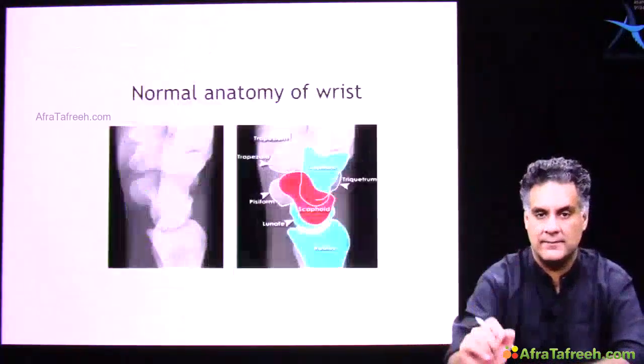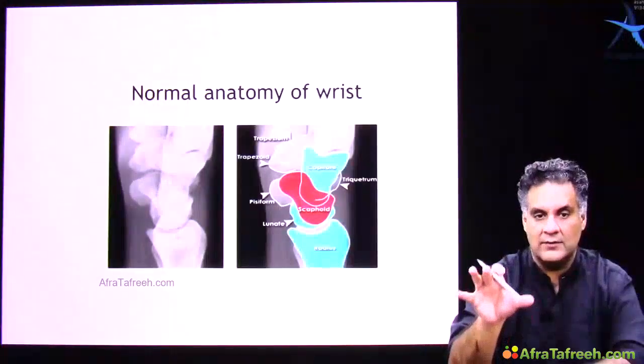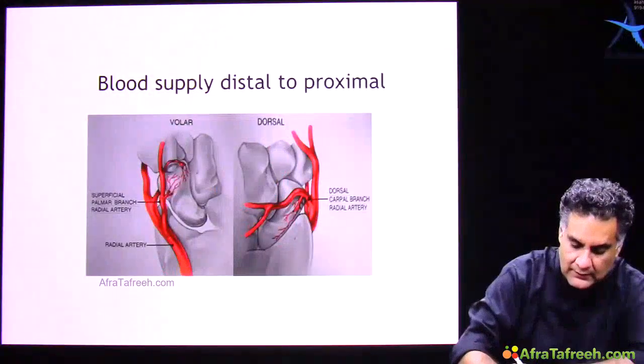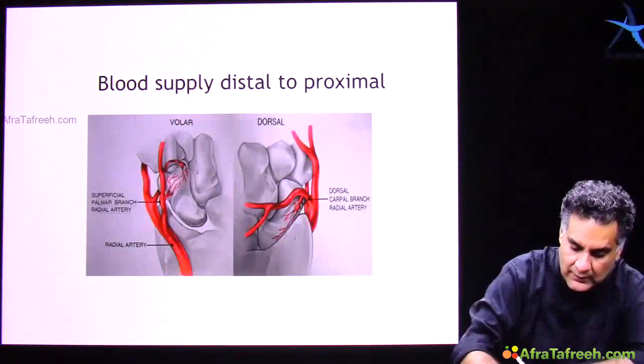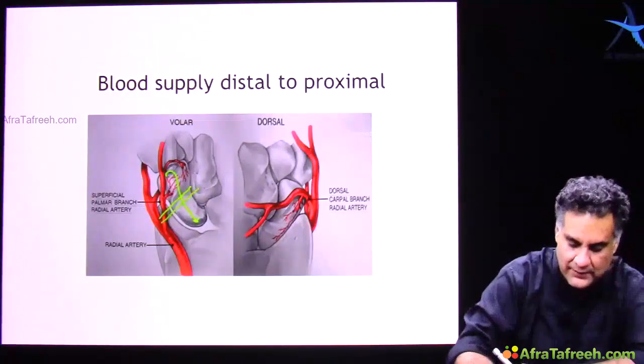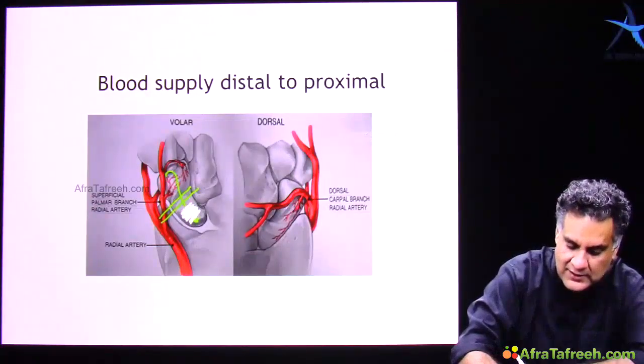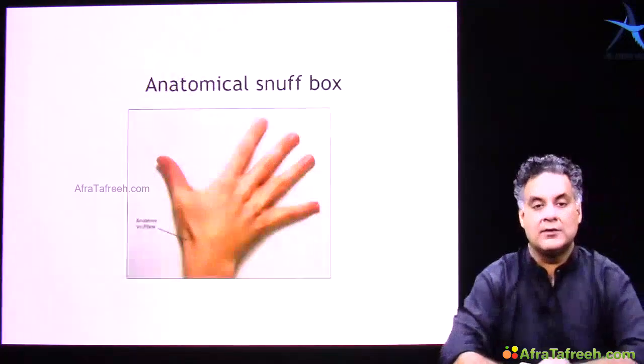Now this is how the wrist looks like, and the blood supply of the scaphoid goes from distal to proximal, and the fracture occurs at the waist, and that is why it is the proximal pole of scaphoid which undergoes avascular necrosis.